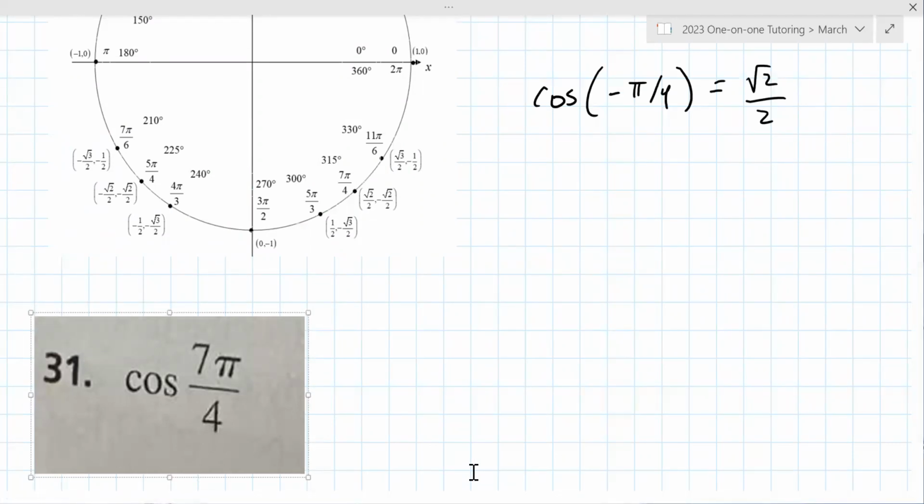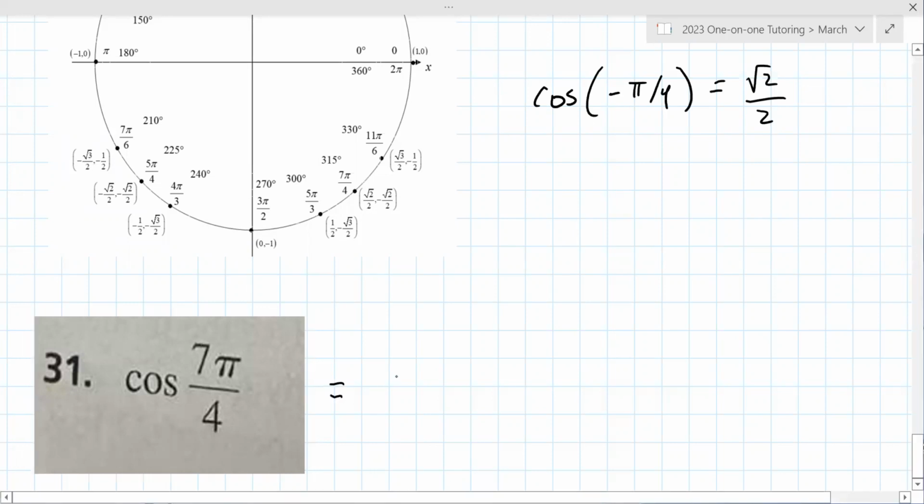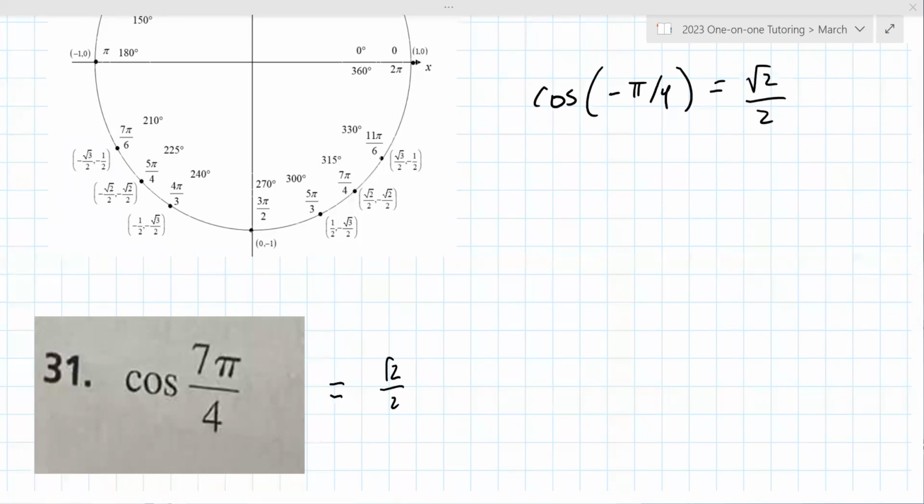Okay, now cosine is the x or the y value? The x. So what is the x value there? It is radical 2/2. Good. Now in pre-calc, the other courses, there are other ways to do this where you don't just look it up on the unit circle. We're kind of omitting that, but it's something you might see. Okay, let me know when you're ready for us to move on to 25.